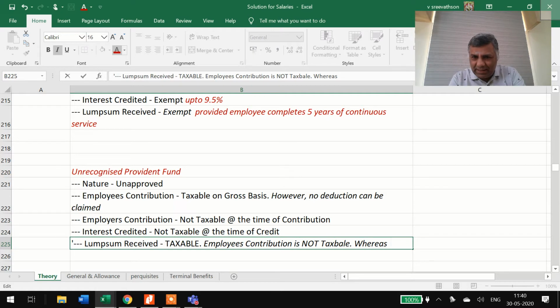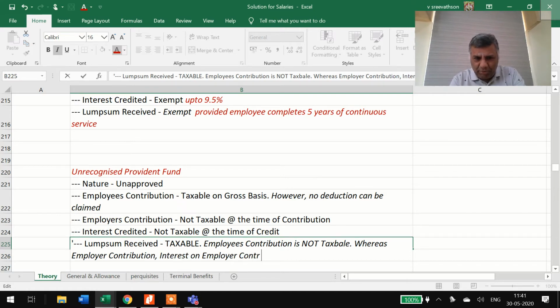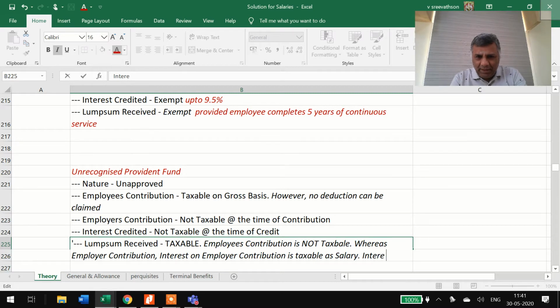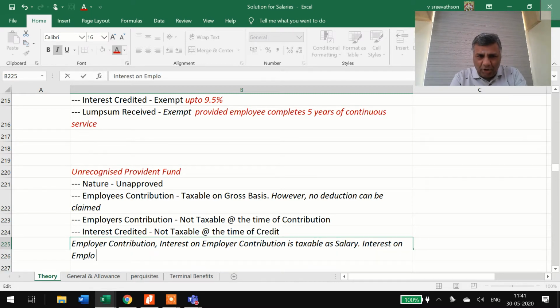Whereas employer contribution, interest on employer contribution is taxable as salary. Interest on employee contribution is taxable under other sources.